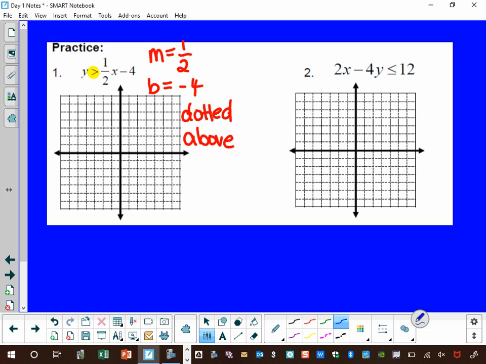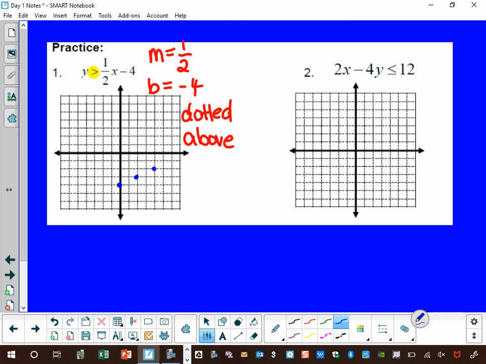I go down to -4. Make a dot. My slope is 1/2. So that means I'm going to rise how many? Up 1 and then over 2. Okay, good. So let's go up 1 over 2, make a dot. Up 1 over 2, make a dot. As long as you have 3 dots, that's okay. If you want to make 4, that's on you.